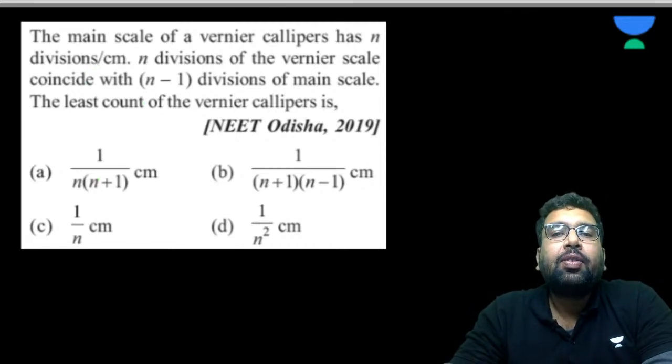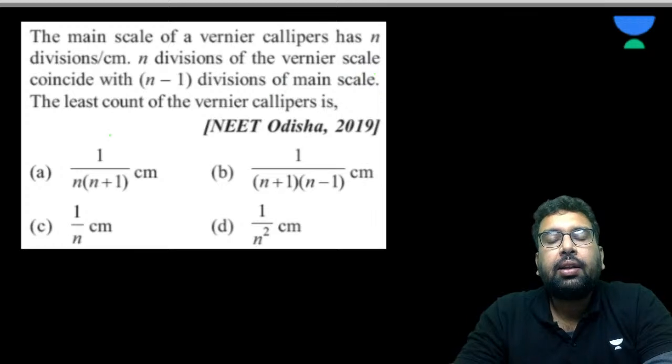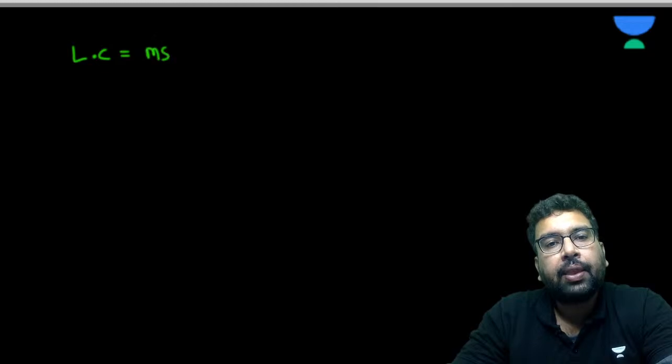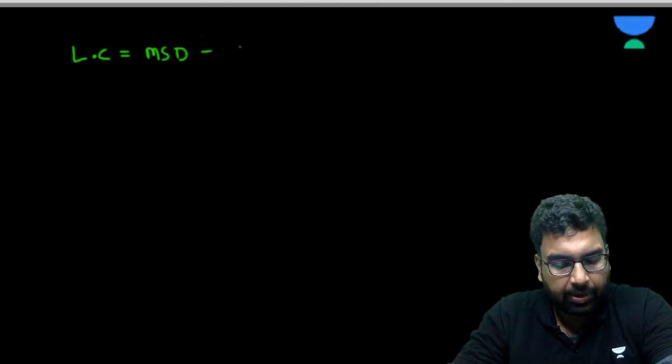The main scale of the vernier caliper has n divisions per centimeter. N divisions of the vernier scale coincide with n minus 1 divisions on the main scale. Find the least count of the vernier scale. Least count is main scale division minus vernier scale division.